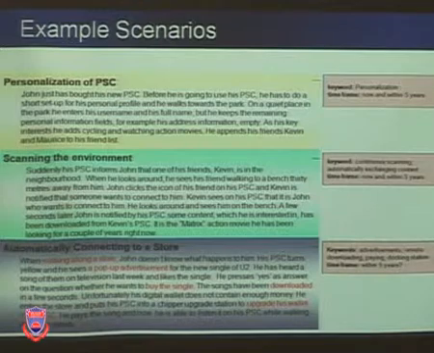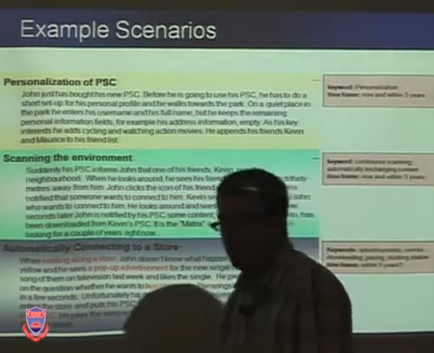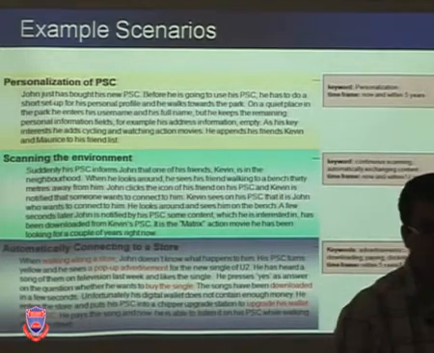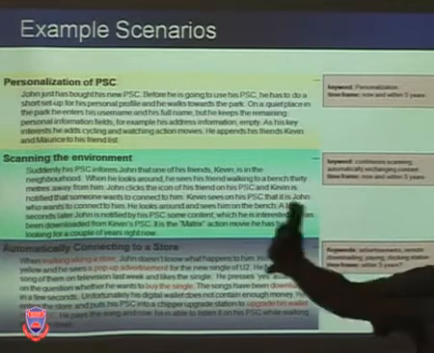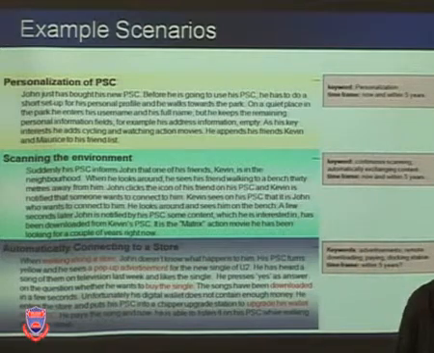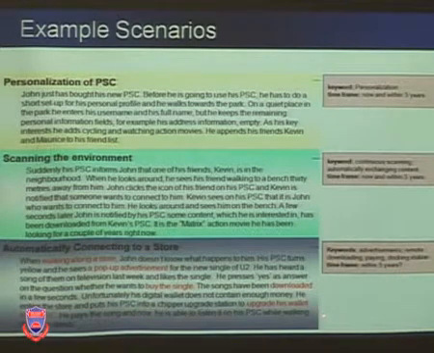This is automatically connecting to a store. Another example, when walking along a store, John doesn't know what happens to him. His PSC turns yellow and he sees a pop-up advertisement. It's a shop, he looks, then you get an advertisement, because the device is intelligent, the environment is intelligent. He has heard the song of them.